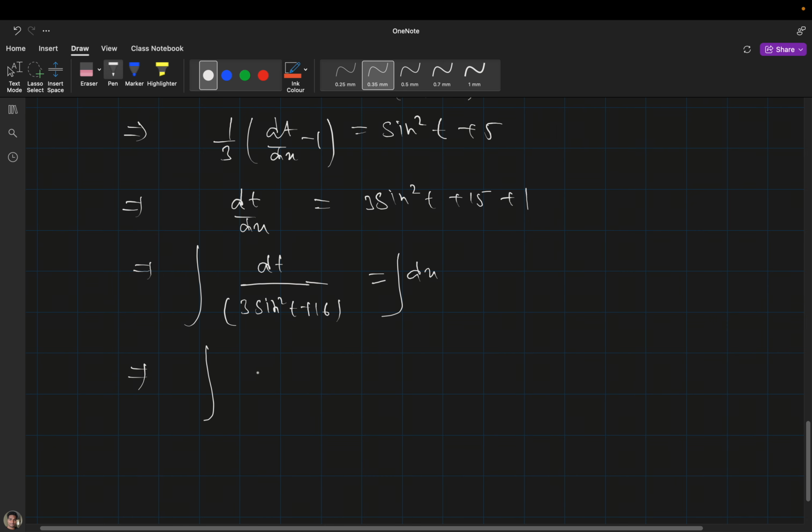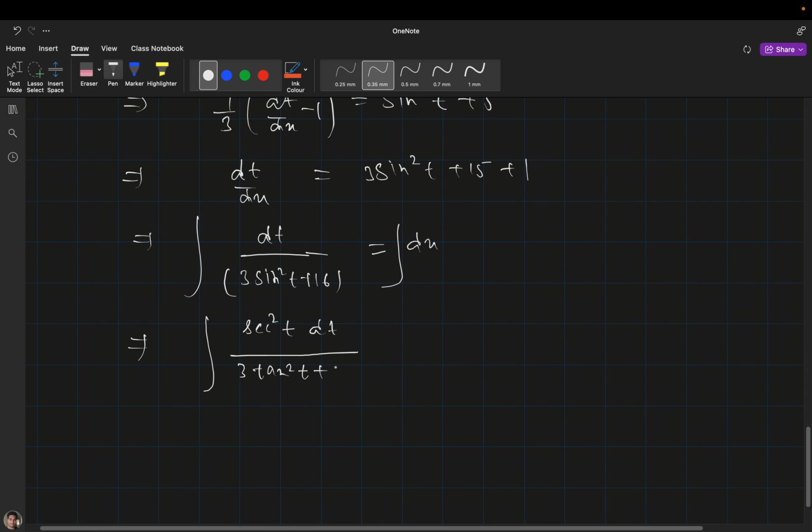What will be the approach to solve this integral? Multiply numerator and denominator by sec square t, not divide, multiply. So sec square t dt, then you will see this will become tan square t plus 16 sec square t.